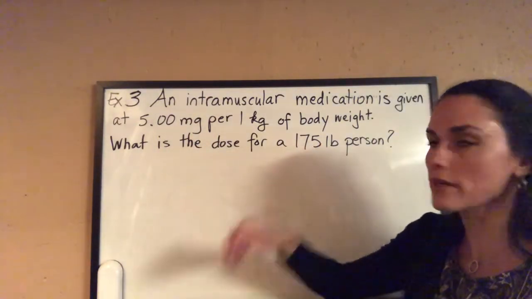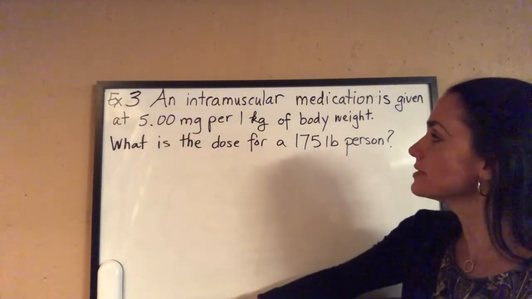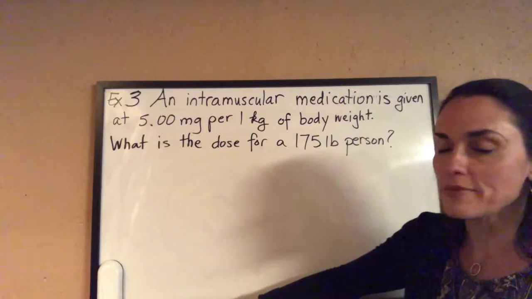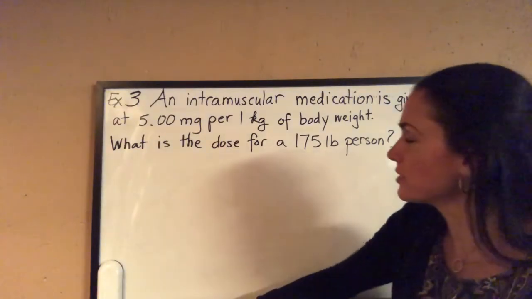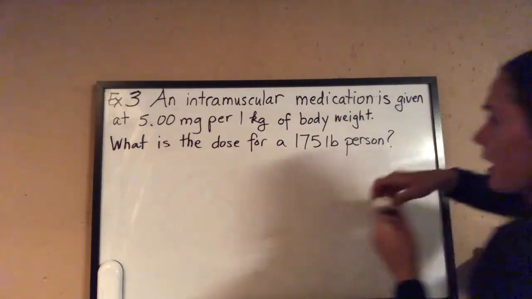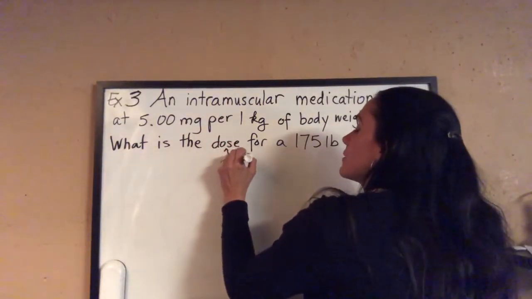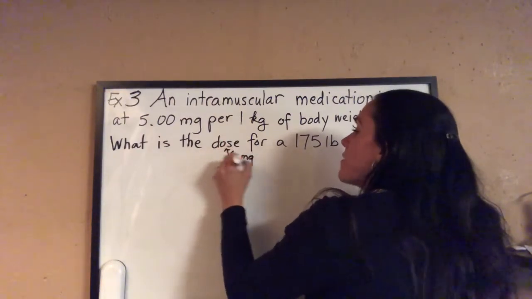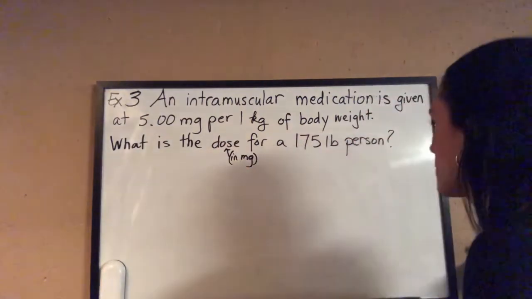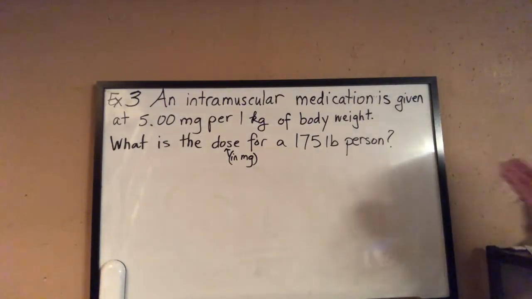But this person weighs 175 pounds, and we want to know the dosage they need to be given. So what is the dose, in milligrams, for a 175-pound person? Forgive me, I forgot to write in milligrams. This is a very realistic problem.